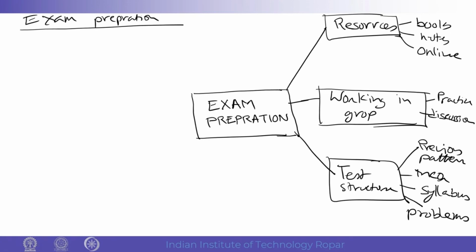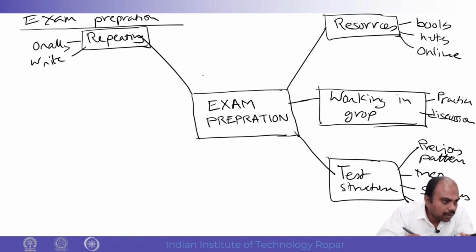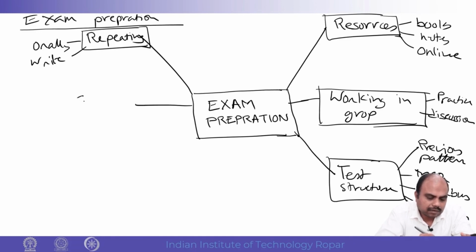And when somebody is practicing, one should practice multiple times, that is, repeating. One can repeat orally or write multiple times. And then there are certain methods one can use, study structure.